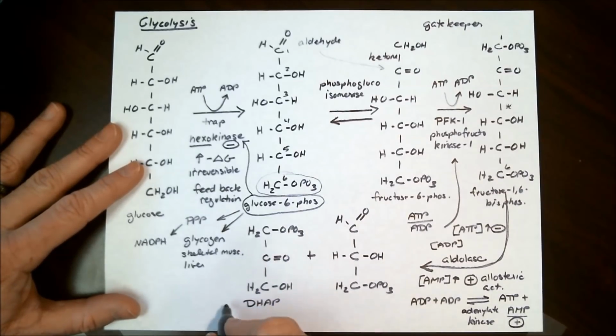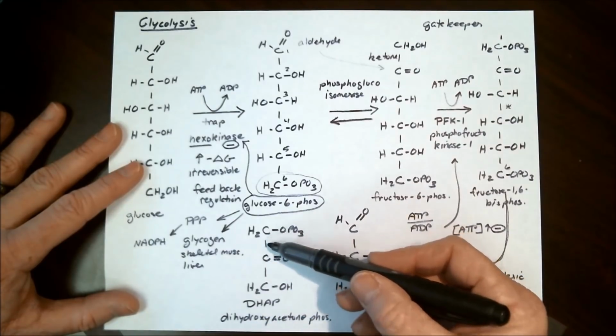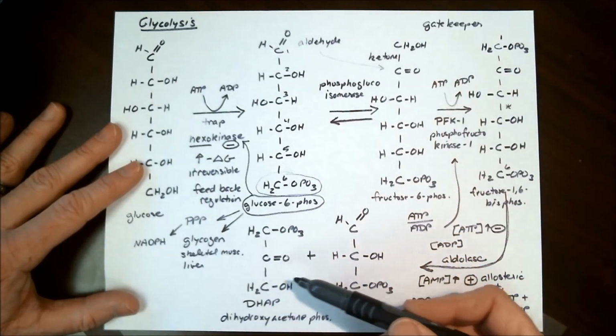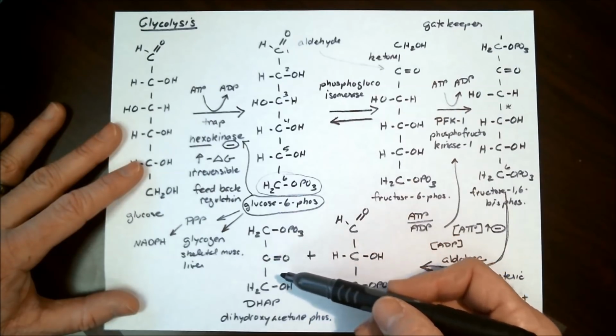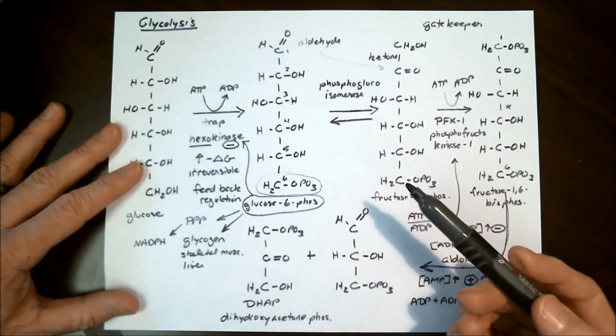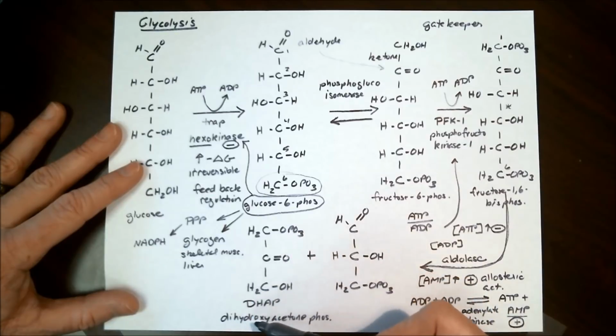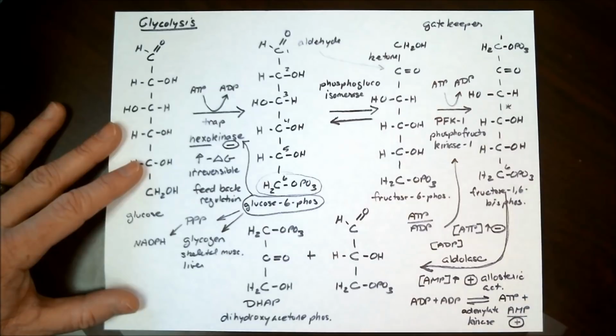One is called DHAP, for dihydroxyacetone phosphate. This name comes from the fact that we essentially have a glycerol backbone with a ketone in the middle, so this is structured as an acetone structure. At the ends of the molecule, we have hydroxyl groups, dihydroxyacetone phosphate, meaning that one of the hydroxyl groups has been phosphorylated.